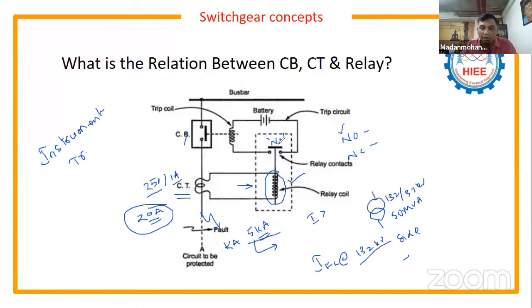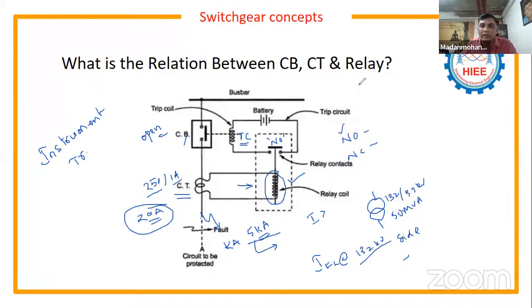The relay NO contact is connected in series with the breaker tripping coil. This is the tripping coil of the circuit breaker, guys. And when the tripping coil energizes, your breaker will open the contacts. That is simple.